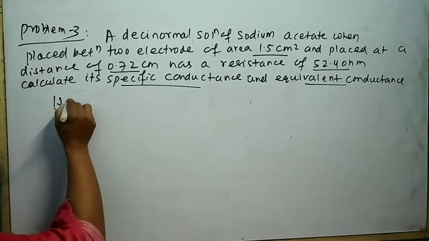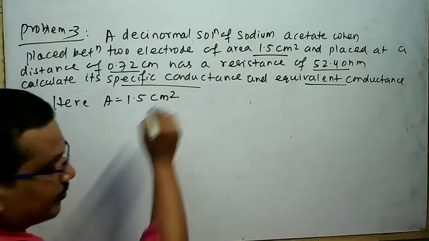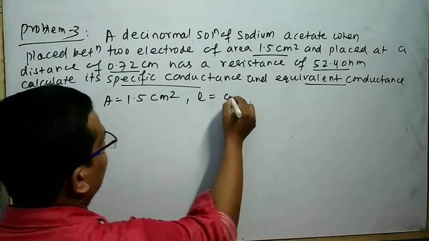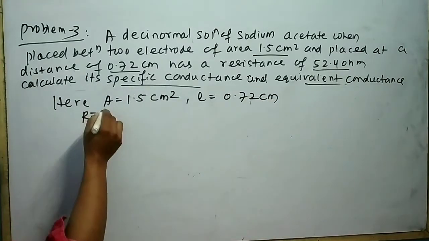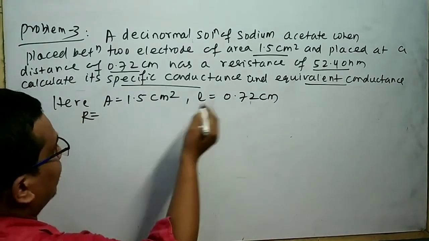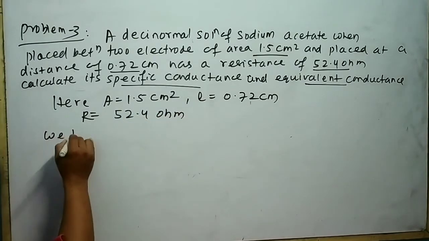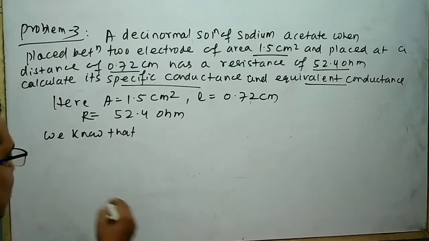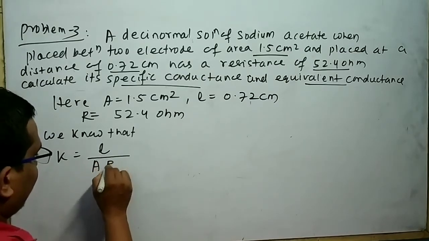Here A is given, that is 1.5 cm square. L is also given, that is 0.72 cm. R is given, that is 52.4 ohm. We know that specific conductance K equal to L by A into R.